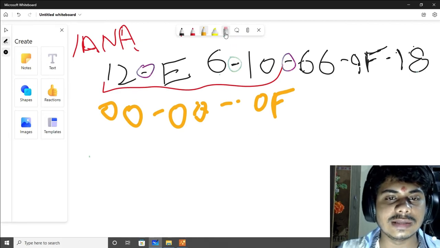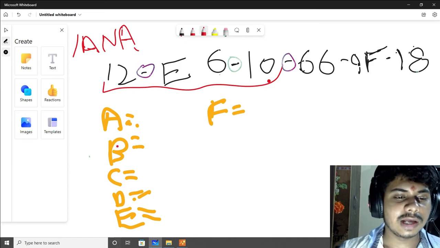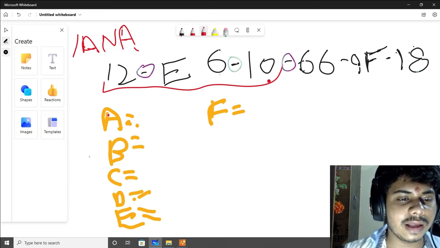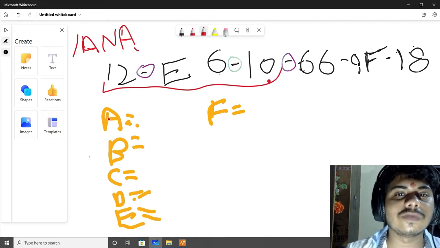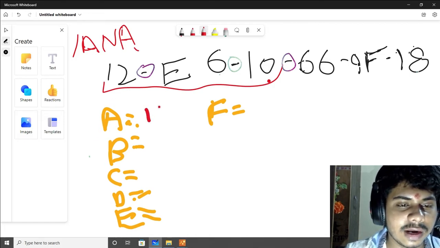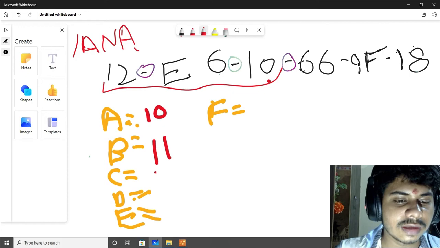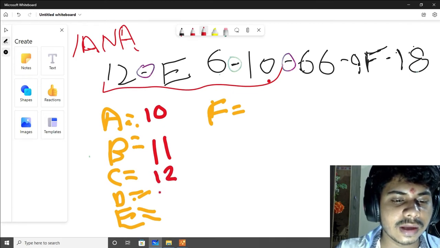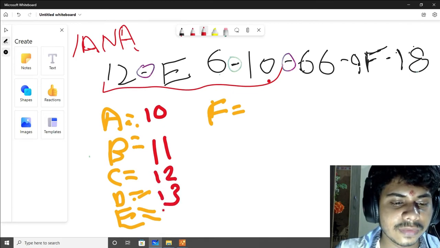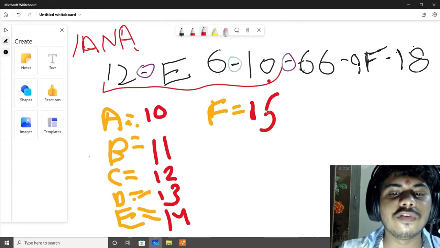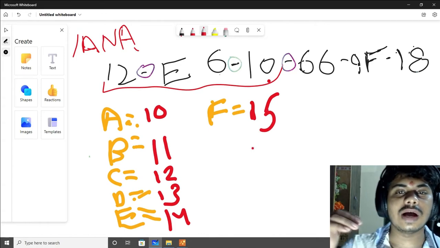Now C value is equal to 12, D value is equal to 13, E value is equal to 14. Now F value is equal to 15. Now 15 is your last number.